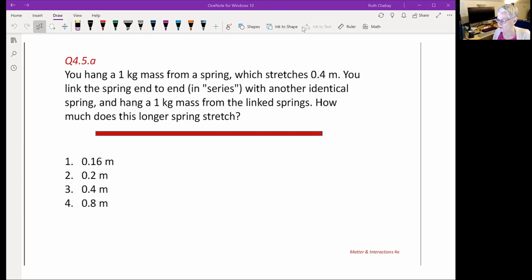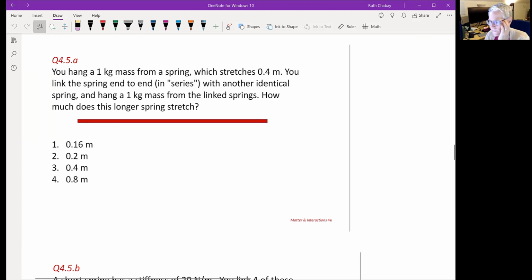Okay, so we have far from a consensus. The majority do say 0.8 meters. So let's see if we can sort of work out what would happen here. And I think the thing to do is to actually draw a picture here.